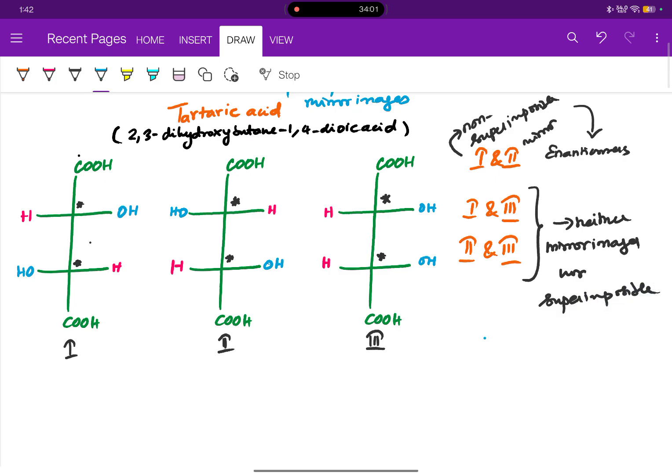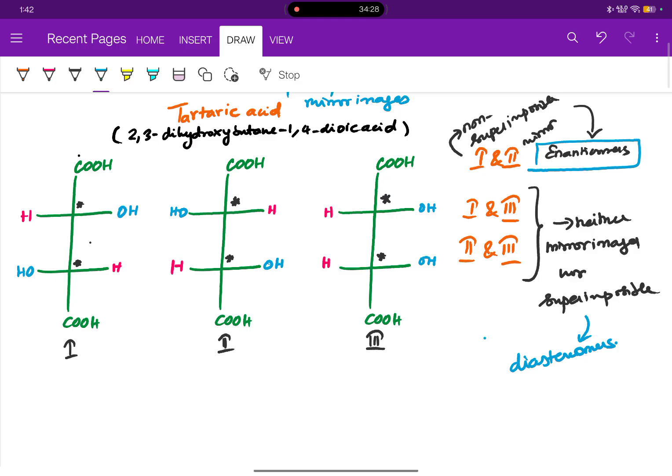Such an isomer is called diastereomers. So this is called an enantiomer. If they are neither mirror images nor superimposable, they are called diastereomers. So 1 and 3, and 2 and 3 are diastereomers, while 1 and 2 are enantiomers.